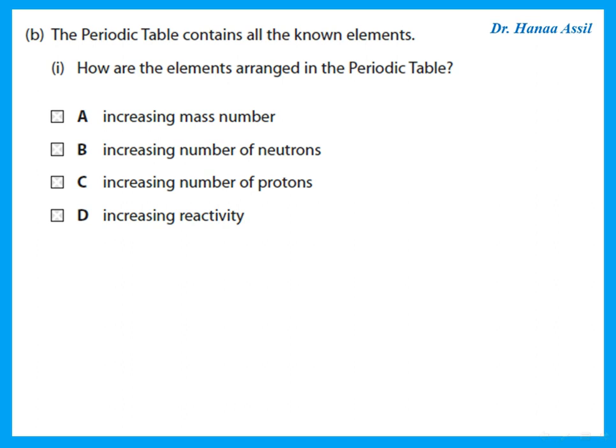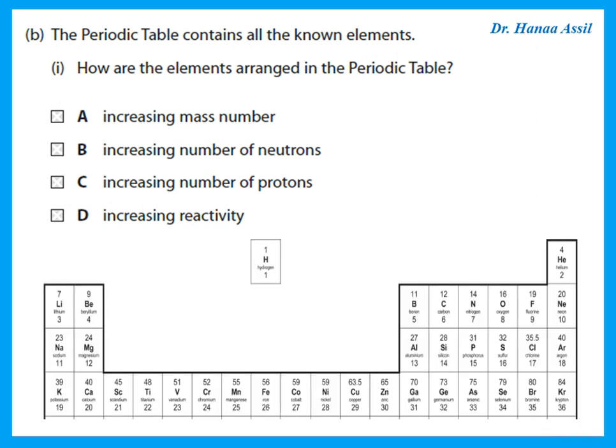The periodic table contains all the known elements. How are the elements arranged in the periodic table? You should know hydrogen, helium, lithium, beryllium, boron, and so on are arranged according to increasing number of protons, or atomic number.